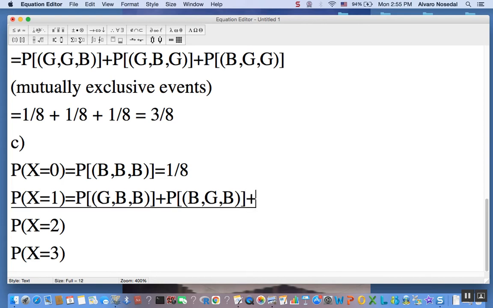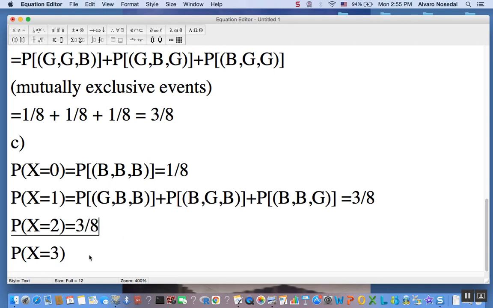Finally, we need the probability of the first two children being boys and the last one being a girl. Each of these sequences is equally likely, so 3/8. This one we got from the previous part, 3/8, right?